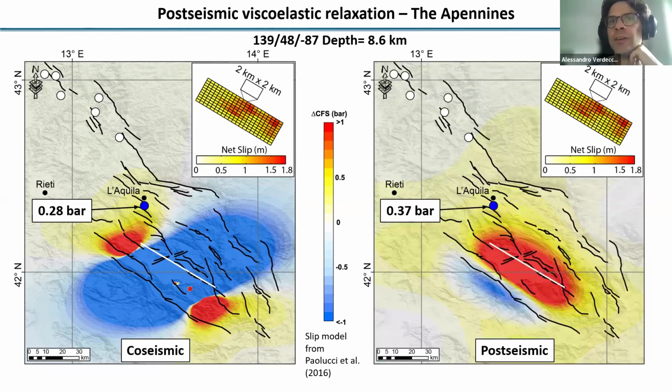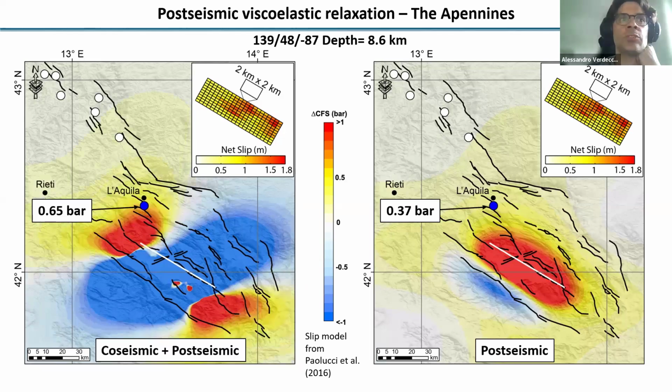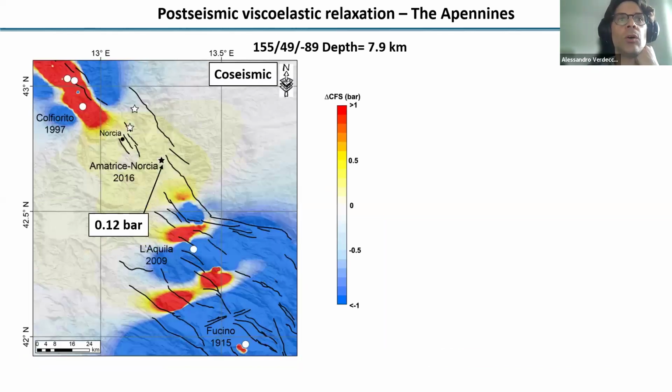The post-seismic effect was adding additional stress changes, which reached in the end 0.65 bar. All these events, including the L'Aquila and the Colfiorito, created a region of positive stress accumulation exactly where the Amatrice Norcia sequence started.